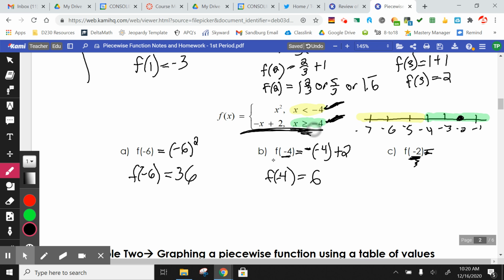Yeah, so this is the greater than side. So we would again want a negative of whatever x is, and then plus the additional 2. So f of -2 is +4. All right. So that's how we can evaluate those.